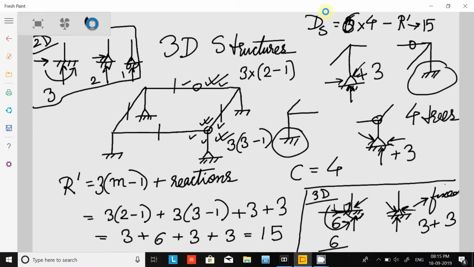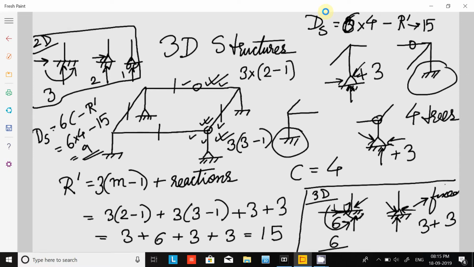That means ds is equal to 6c minus r prime. So it will be 6 into 4 minus 15, which is equal to 9. So that is how we calculate the total indeterminacy of a 3D structure. Now, after this, let us go to beams.